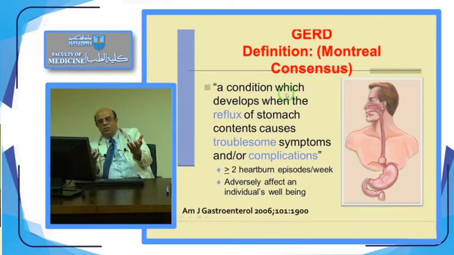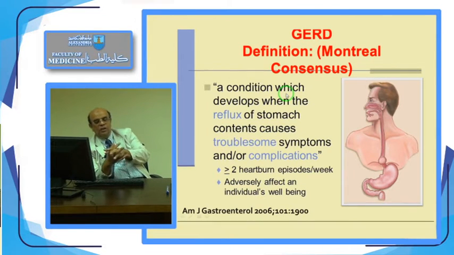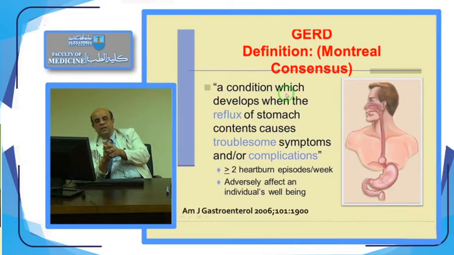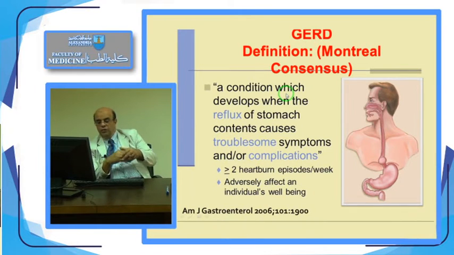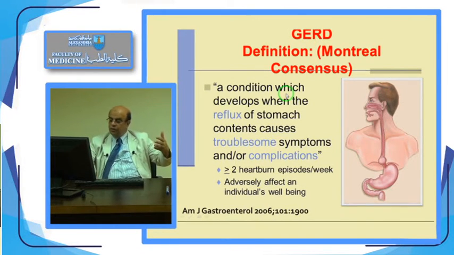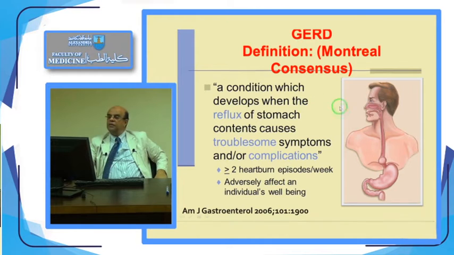This is not gastroesophageal reflux disease. This is physiological reflux. But we speak about disease when there is an effect on the individual's life, when it causes troublesome symptoms or complications such as esophagitis, stricture, or Barrett esophagus, and sometimes adenocarcinoma at the end of the spectrum of this disease.